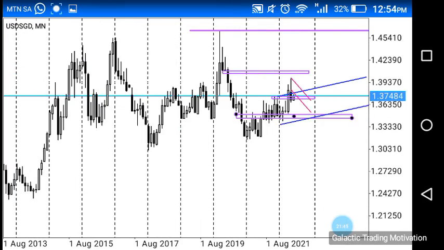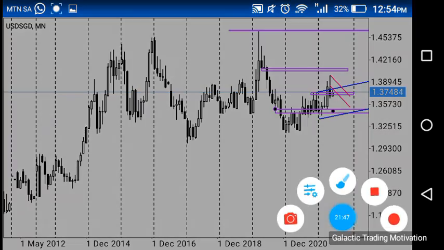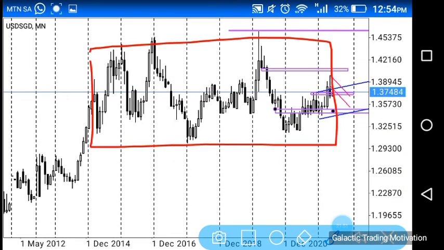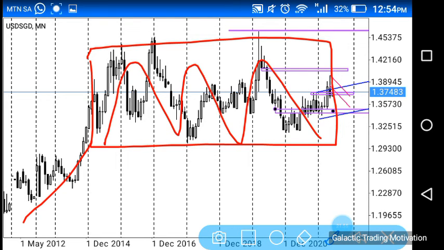Just bear with me, because earlier I said that we have this zone where the market had been moving sideways for quite some time.